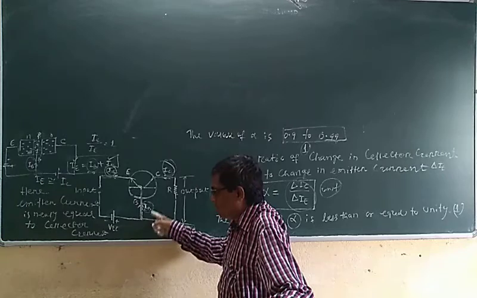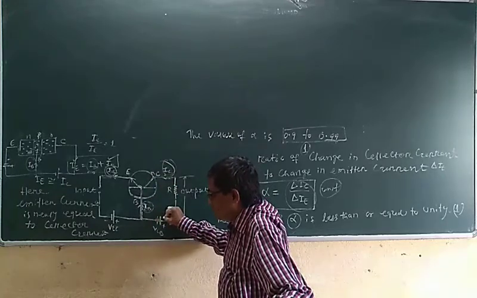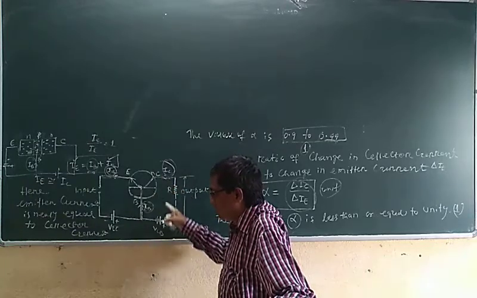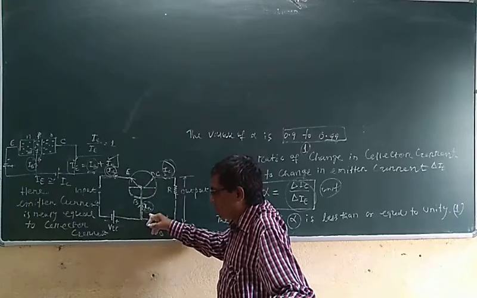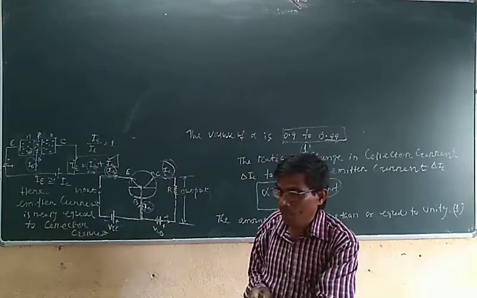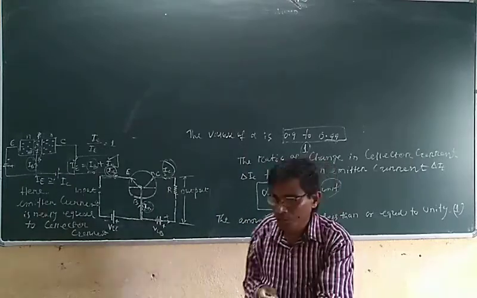In the reverse biased base collector junction, some minority charge carriers pass through the junction.